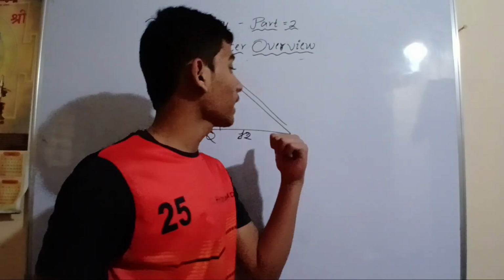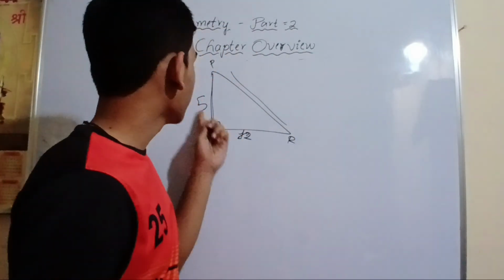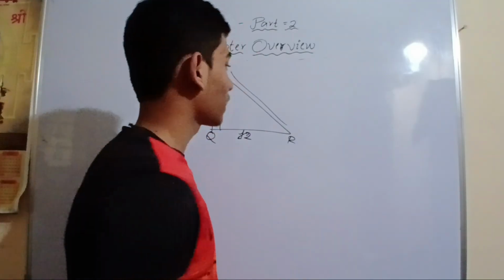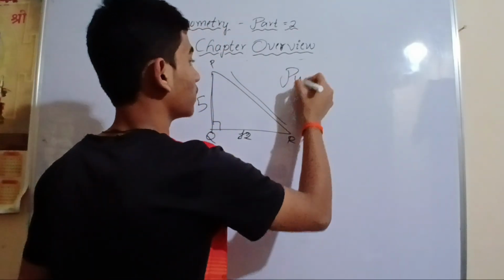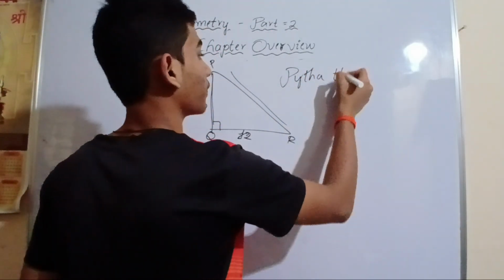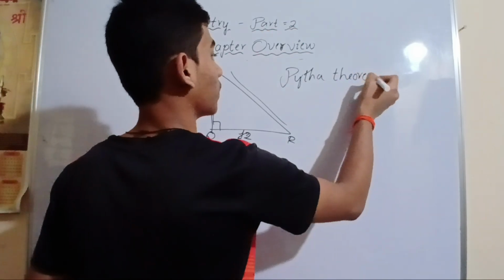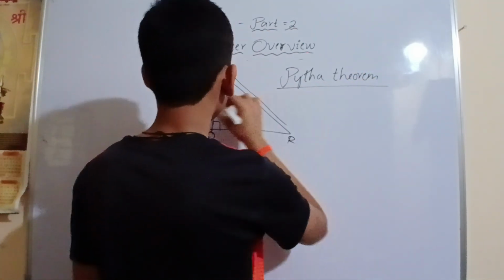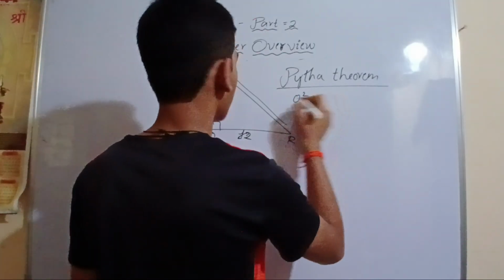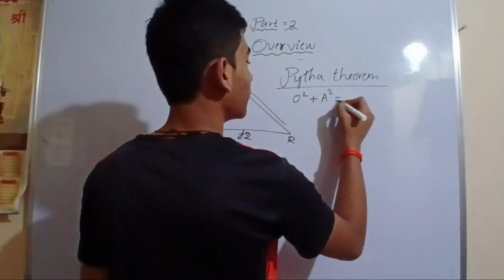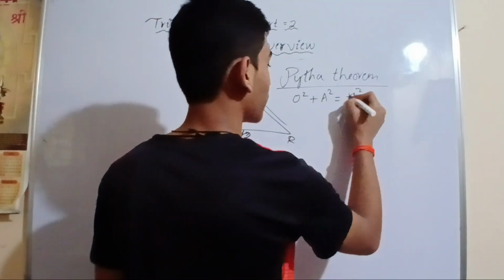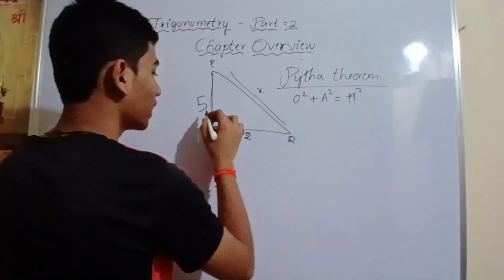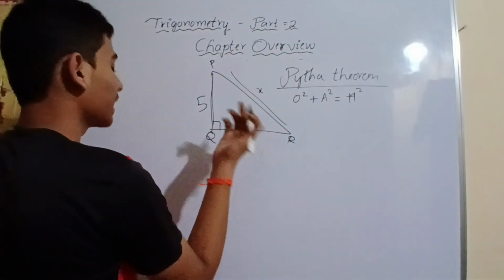By using the Pythagoras theorem, we can easily find the sides. Recall the Pythagoras theorem: opposite square plus adjacent square is always equal to the square of the hypotenuse. Here, this is our hypotenuse x, and these are the opposite and adjacent.